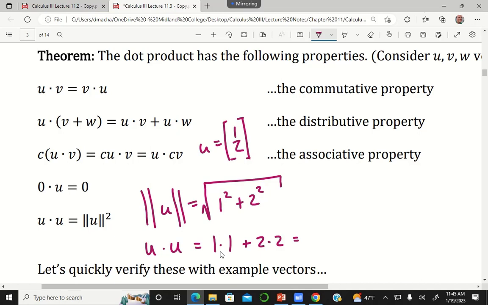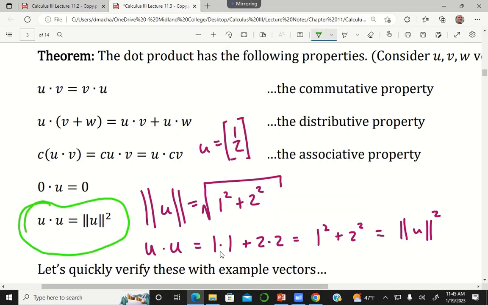So that would be 1 squared plus 2 squared. So that would actually be just the norm squared, okay? So that's what I mean over here whenever I say that if you dot a vector with itself, that's just the same thing as the norm squared. Does that make sense? Okay.